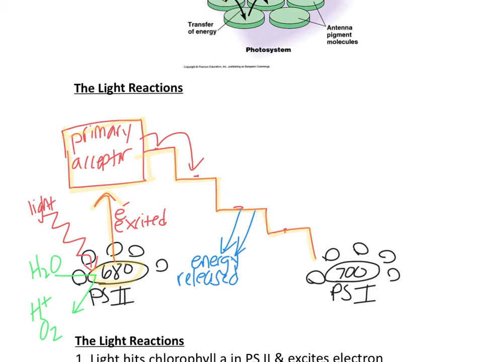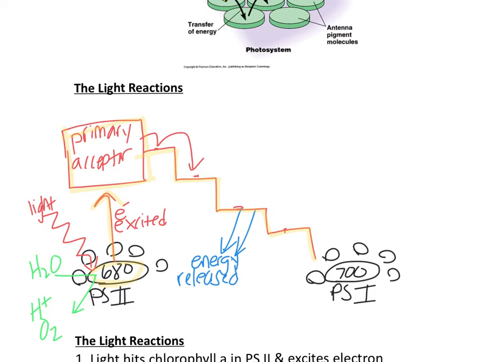Those hydrogen ions will be used to pump to one side of the thylakoid membrane, flow through ATP synthase, and produce a small amount of ATP. So that again is the same idea we saw in respiration.